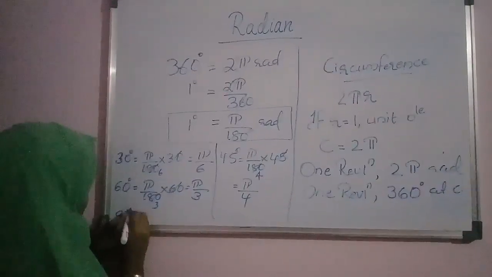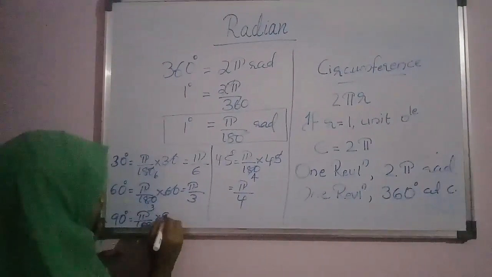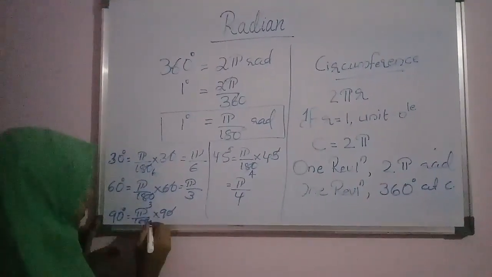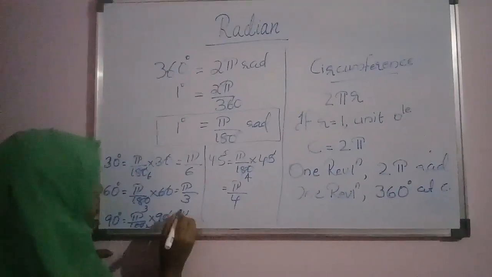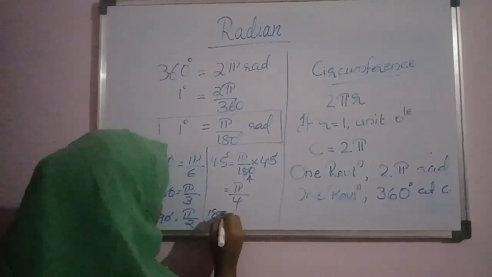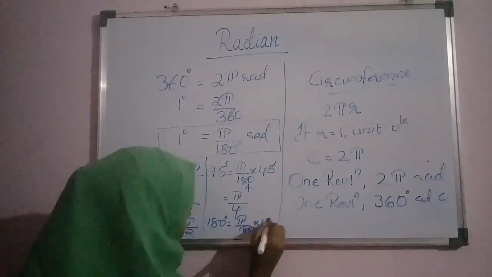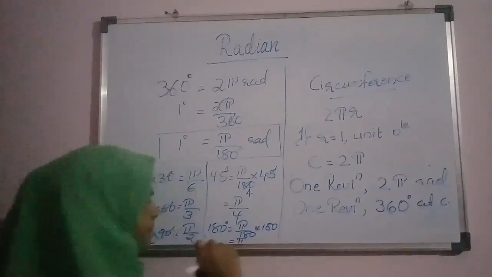Now what will be 90 degree? Pi by 180 into 90. Here it gets cancelled and we get 2, pi by 2. Now 180 degree: pi by 180 into 180. What will be the answer? Pi.